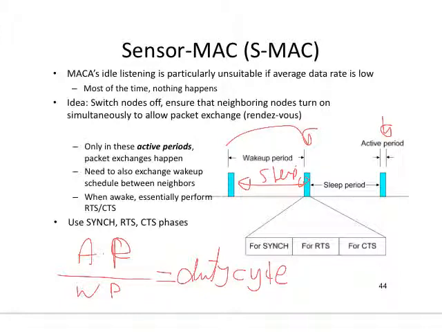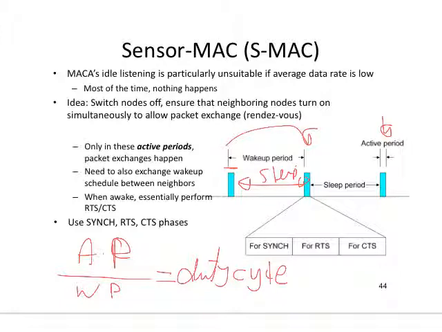Once we synchronize ourselves together, then this active period is fixed. So the beacon will tell you what is the active period and what is the other period in which you have to be asleep, or you can be in a complete sleep mode, because you know the active period and you know the total period, which means that you know the duty cycle.